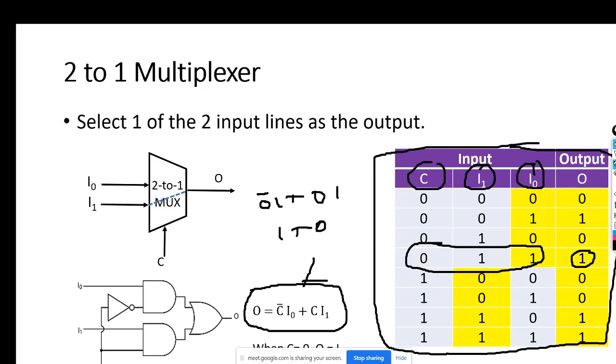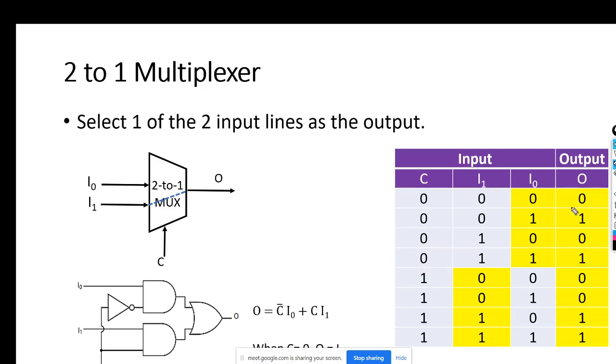Then you will see there's a definite pattern here. That is how I have highlighted this. When the control signal is 0, your output will be the same as your I0 signal. You have to draw the truth table and see by yourself. When the control signal is 0, the output signal is the same as your I0 signal.